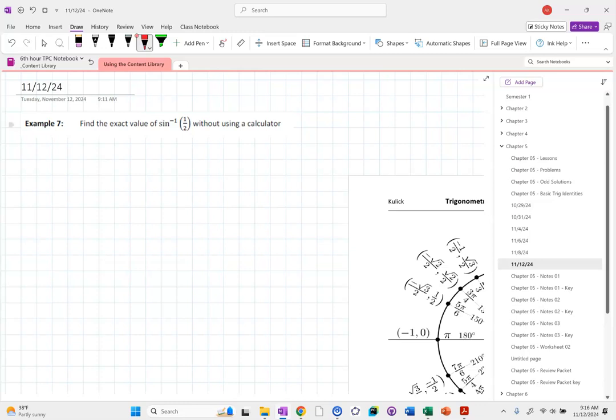So we remember that the range for sine inverse was negative pi over 2 to positive pi over 2, which basically means we're looking in quadrants 1 and 4.